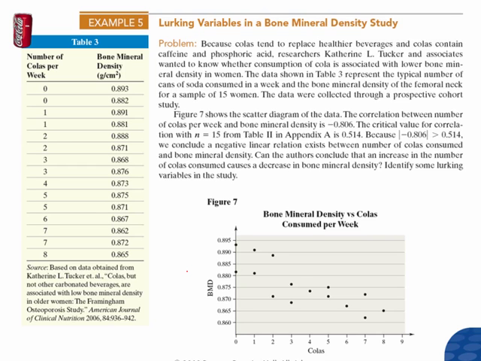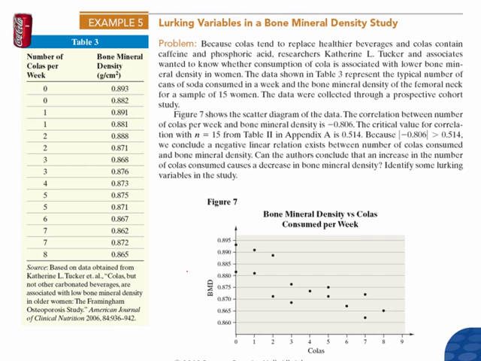The data were collected through a prospective cohort study. Can you remind me what that means? What does prospective mean? Future. Yeah, what they did is they identified these 15 women at a point in time, and then going forward, collected data from the women. So they probably had to fill out a survey.